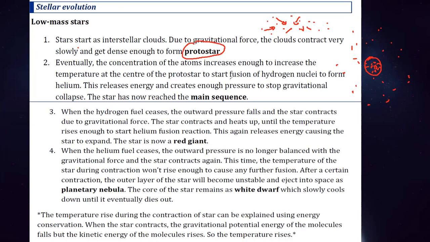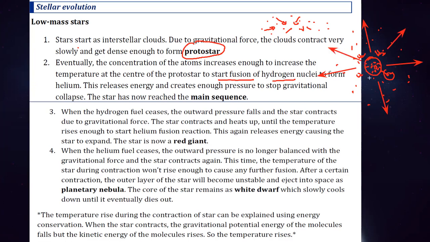At the center of a protostar, fusion of hydrogen nuclei starts. The hydrogen from the molecular cloud starts to fuse together and turns into helium. This releases energy and creates enough pressure to stop the gravitational collapse. Due to the nuclear fusion, there is a radiation pressure outward.